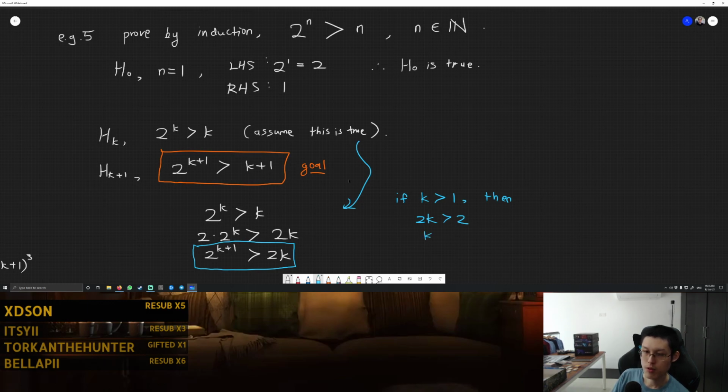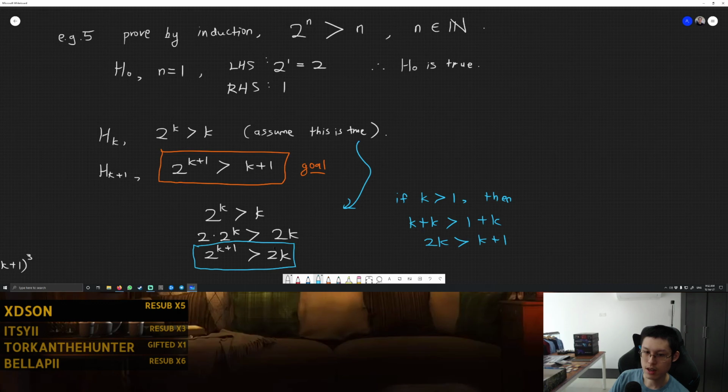And I can move one of these. Let me think. Okay, if I add k on both sides, you see that I get 2k greater than k plus 1, which is the statement that we get.